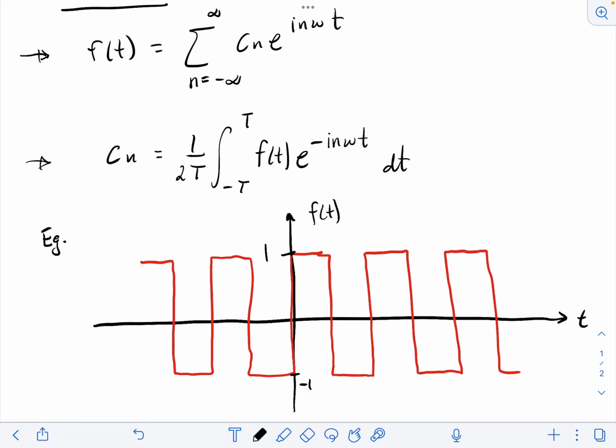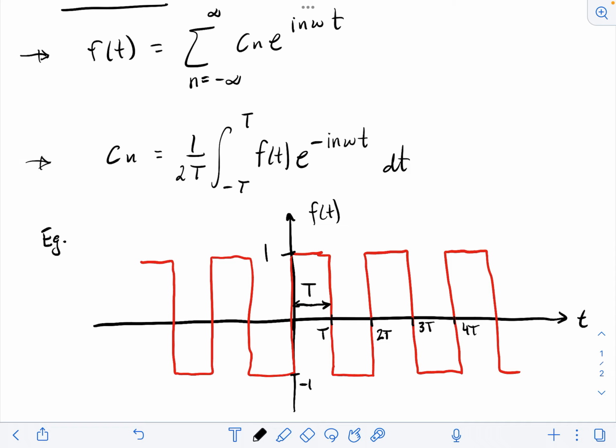And so let's just pick our axes. Remember, capital T was half the period, and so capital T is this length. So here is T, here's the full period 2T, here's 3T, 4T, and so on.